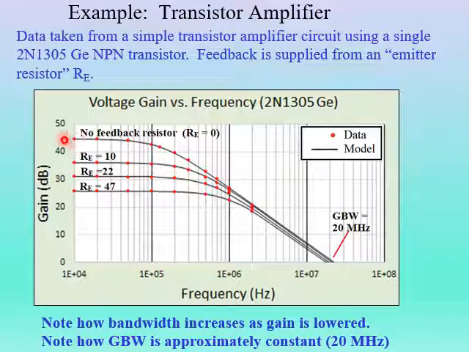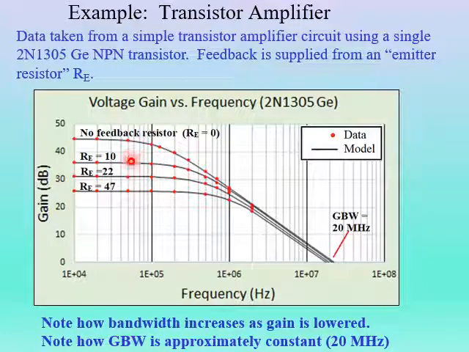So as a result, you can see we have the highest gain. All right, so this is without feedback. It's something like 45 decibels. Notice that the bandwidth here of the amplifier without feedback is relatively narrow. It's somewhere around 100,000 hertz here, where we see it start to fall off. So that would be the corner frequency for that amplifier.